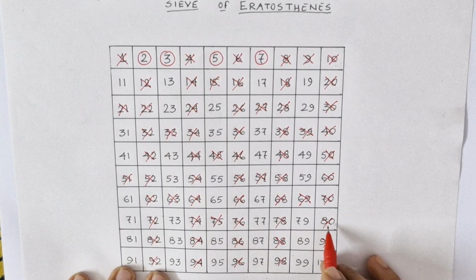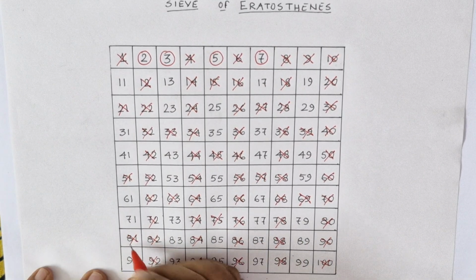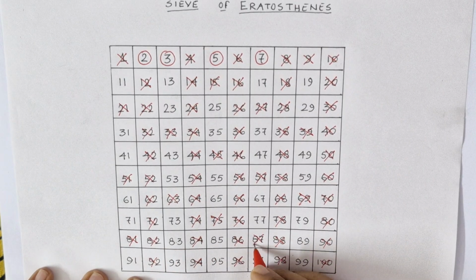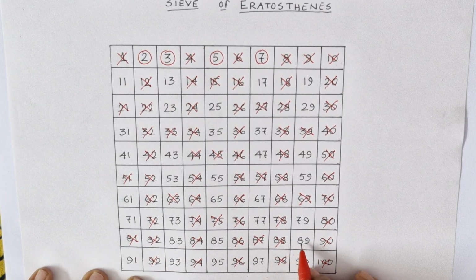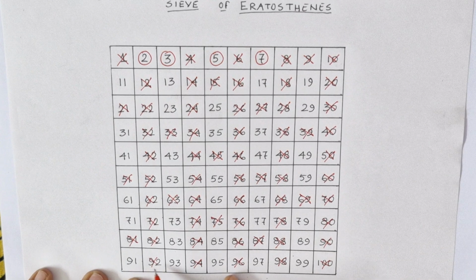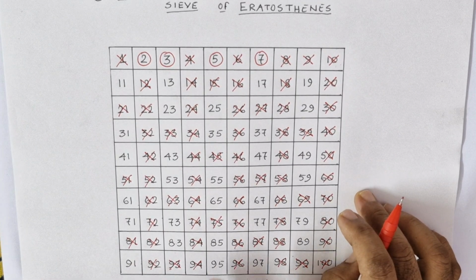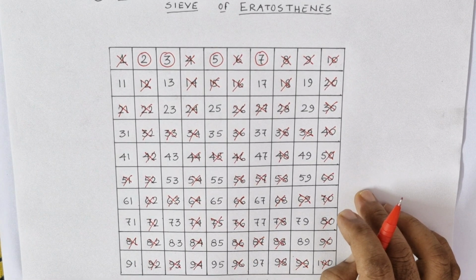So now we have crossed out all the multiples of 3.